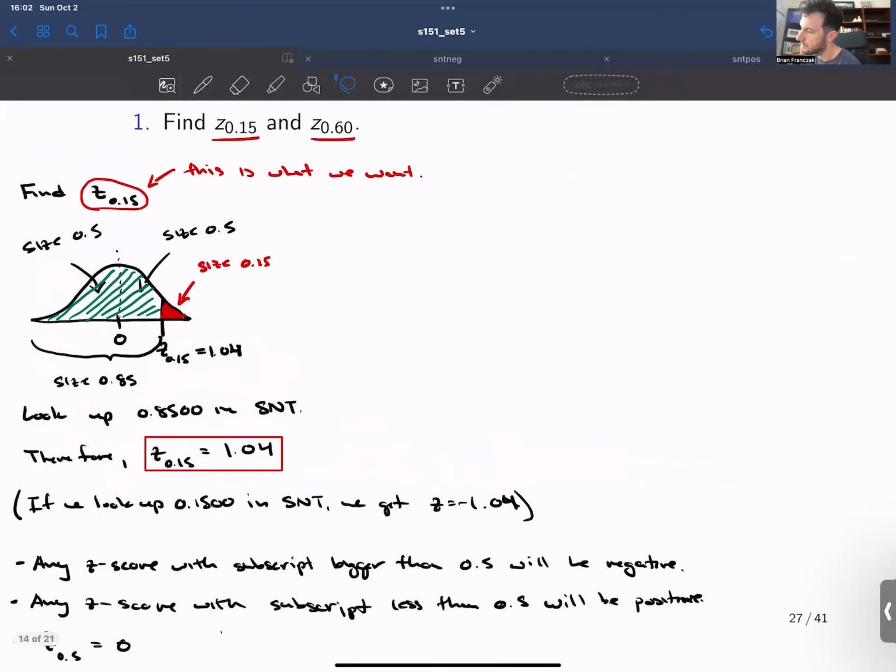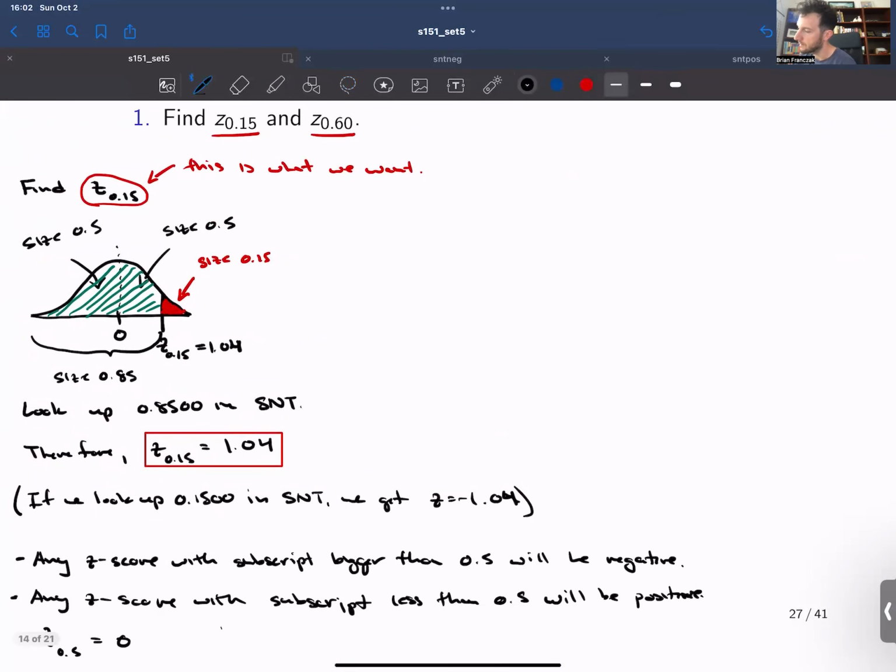All right. Now let's look for z subscript 0.6. So we want to find z subscript 0.60. We start by sketching out our normal curve. Here's our curve centered at 0.